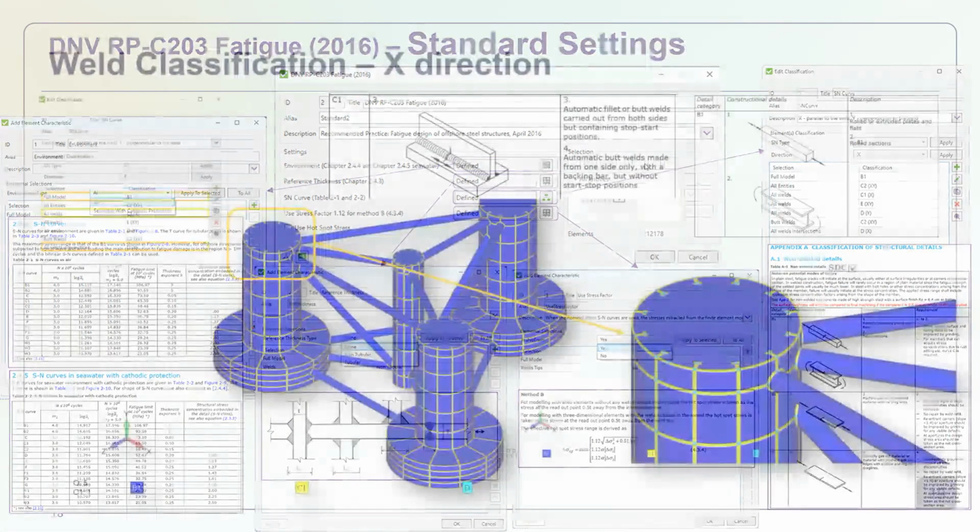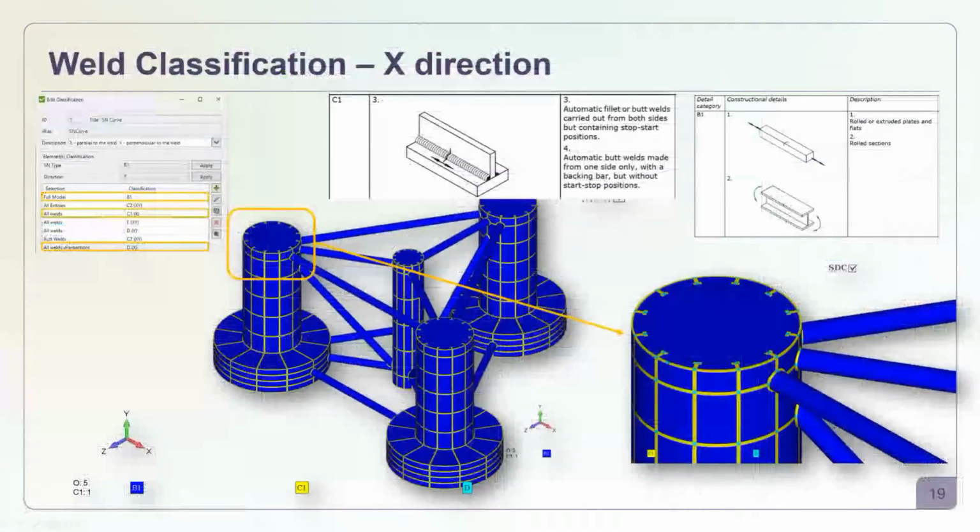So let's take a look at the weld classification. In this case, we are going to analyze the detailed model, which is the plate model. And as you can see, in the X direction, which is along the weld, our classification for all welds is C1.